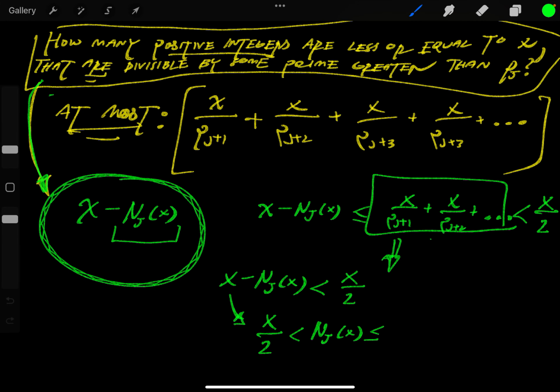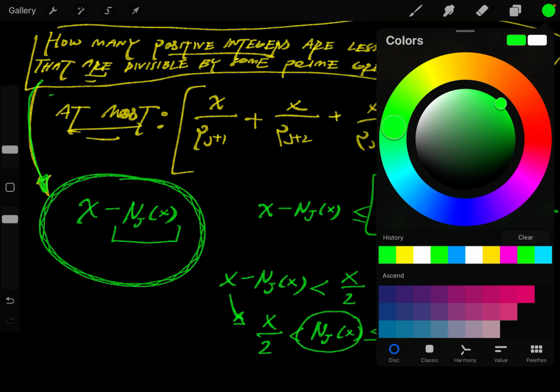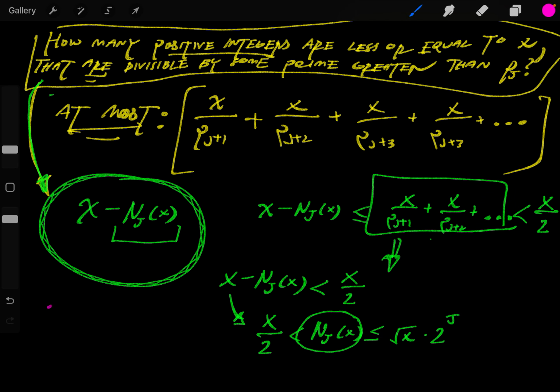I forget about this piece in the middle, and I get this inequality, which is going to lead to my contradiction: x over 2 is less than the square root of x times 2 to the j.